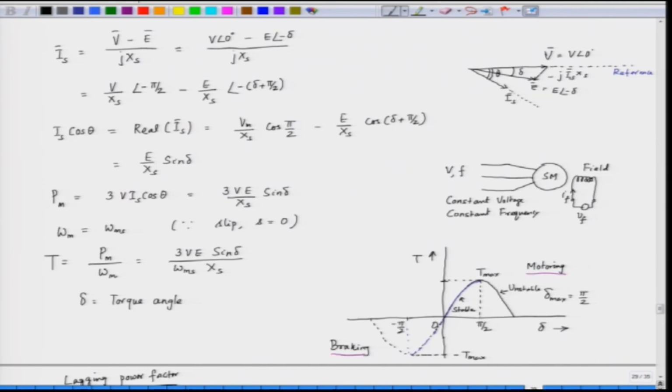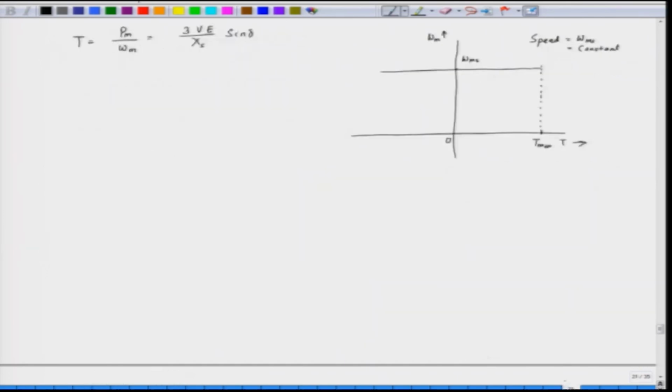For delta plus pi by 2 we operate at plus T maximum and for delta minus pi by 2 we operate at minus T maximum. So, we have the range of operation between T maximum and minus T maximum.